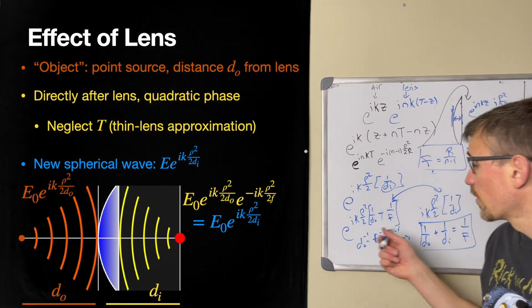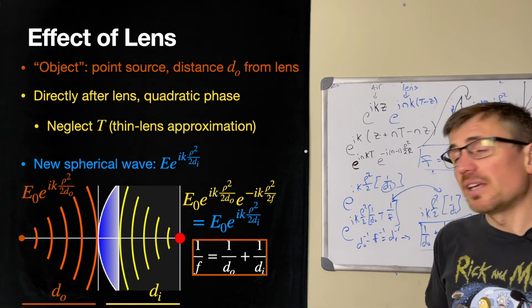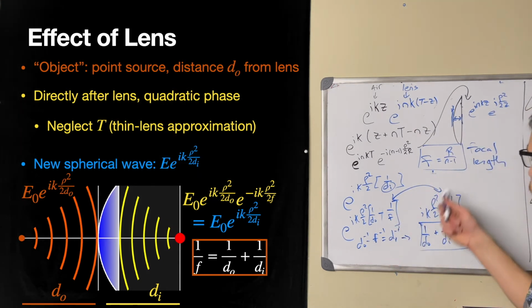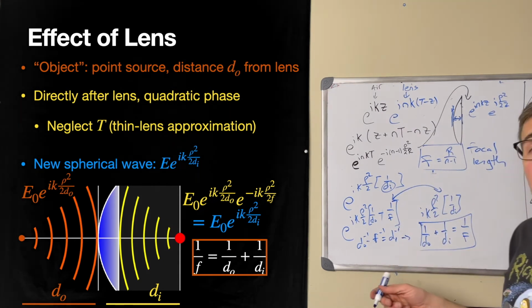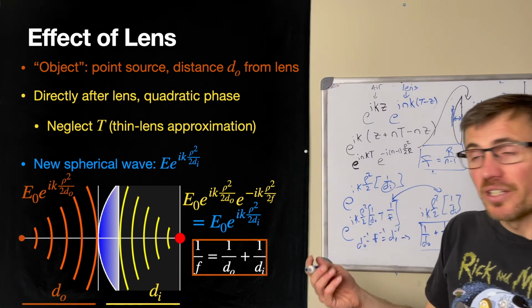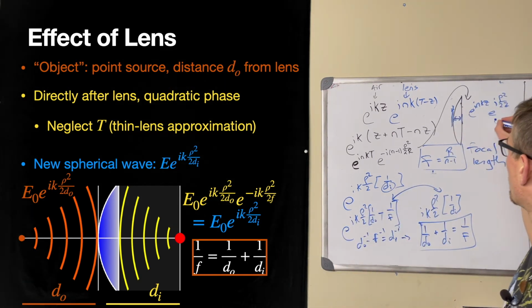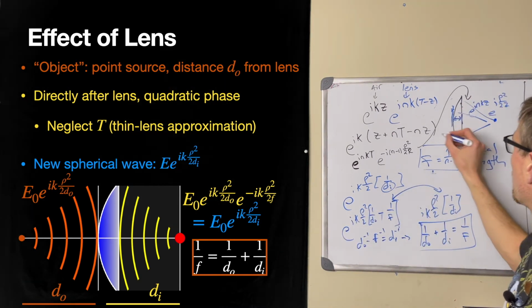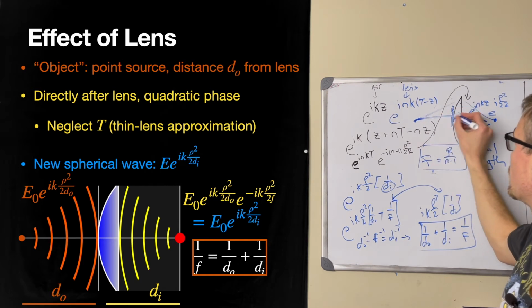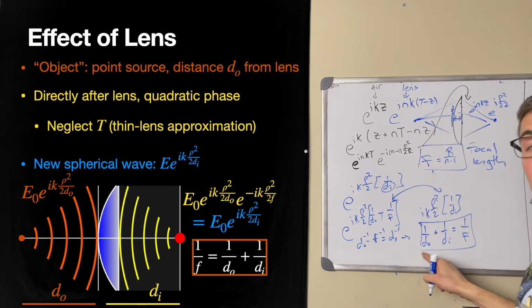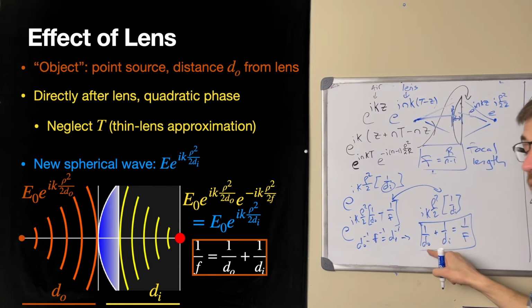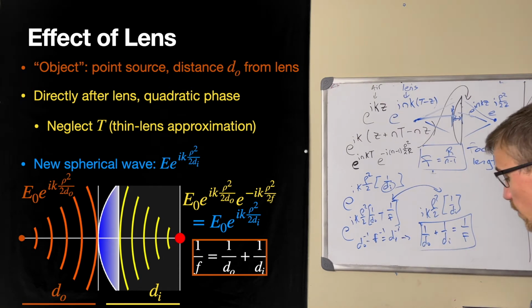Okay, we have a new spherical wave, and the origin of the new spherical wave is 1 over d image, and the relation between the new spherical wave and the original one that the lens had as an input is related through the focus by this equation here, this thin lens equation.